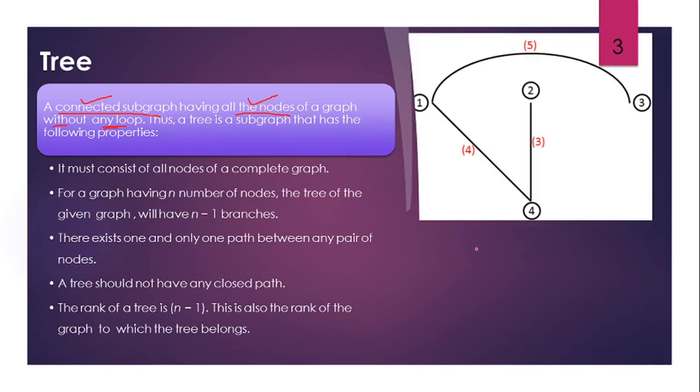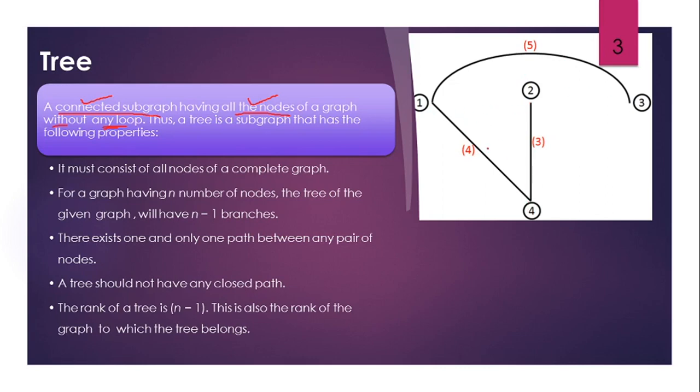Look at the picture. Can we say here all the nodes are connected? Node 3 is connected with node 1, node 4, node 2. So can we say this is a connected graph? Yes. Does this graph have any closed loop? No. This graph does not have any closed loop, but it has all the nodes 1, 2, 3 and 4 as we have seen in the previous main graph.